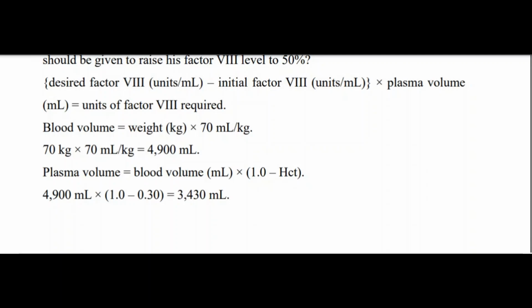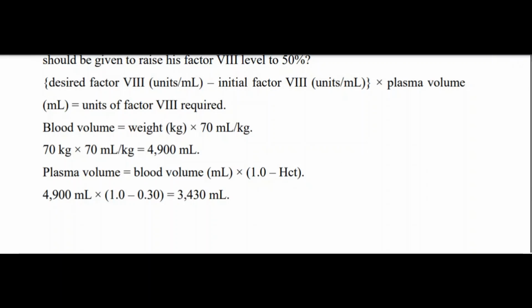We take blood volume in milliliters times 1 minus hematocrit. Hematocrit can be given as a percentage, but then we have to divide by 100 to put it as a fraction, because 1 is equal to 100%. So just take 100% minus the percentage of hematocrit.